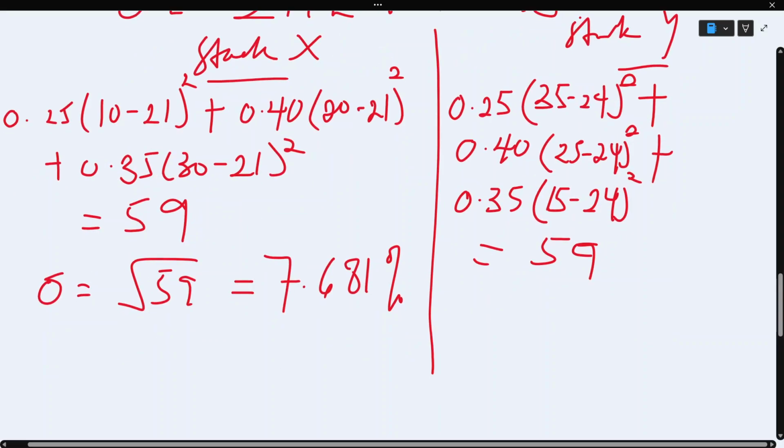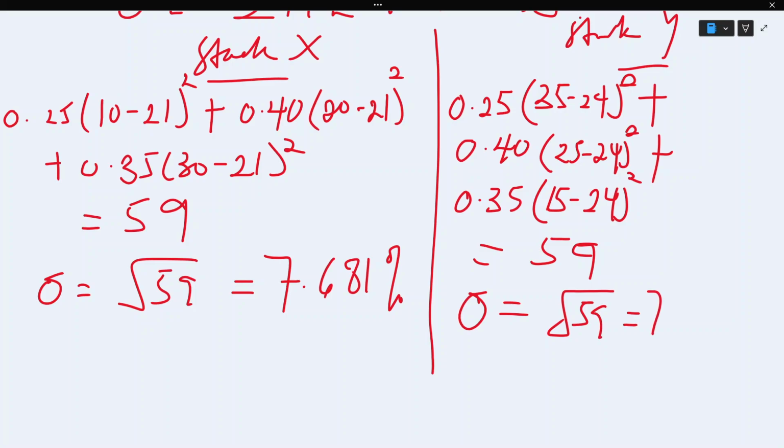How do you find the standard deviation? The square root of the variance, 7.68.